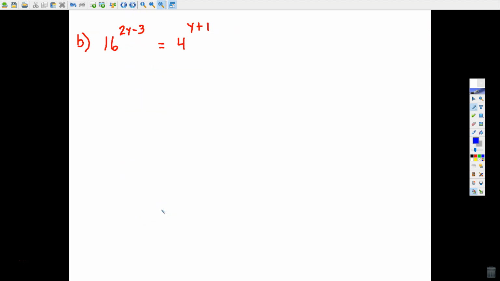All right, let's try another one. I'm observing the two bases. I've got 16 as a base on the left side, and I've got 4 as a base on the right side. Well, it probably is obvious to you that I could write 16 as 4 squared.